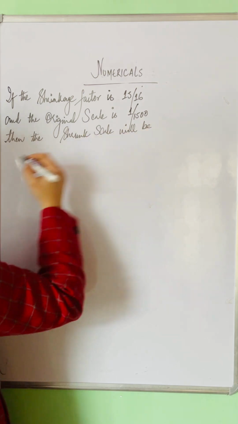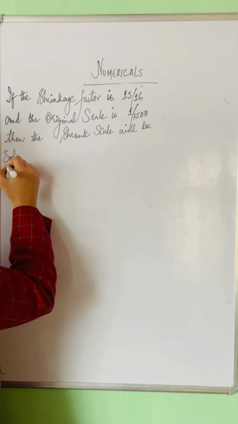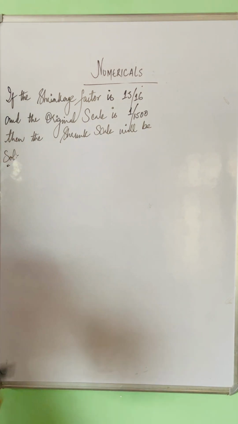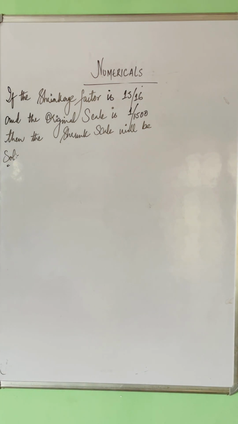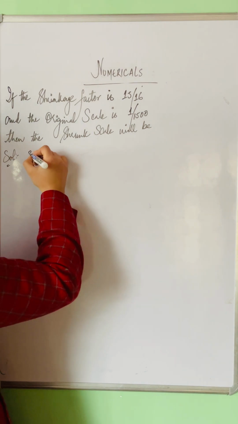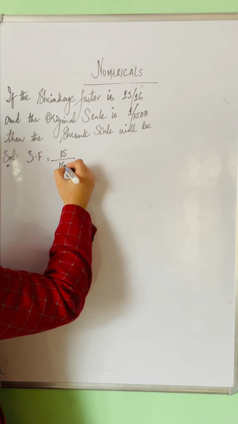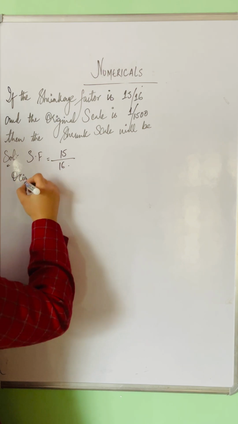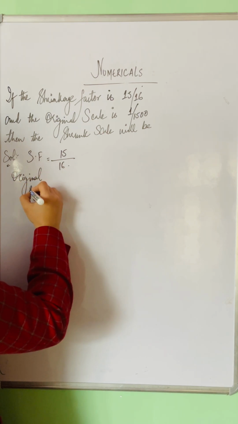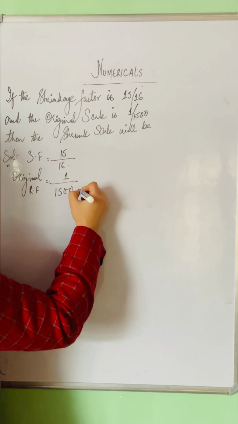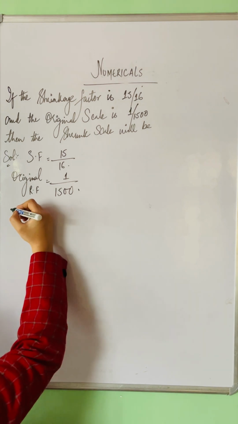So if the shrinkage factor is 15 by 16 and the original scale is 1 by 1500, then the shrunk scale will be. Shrinkage factor or the shrinkage ratio is 15 by 16 and the original RF or the scale is 1 by 1500. We have to find the shrunk scale.